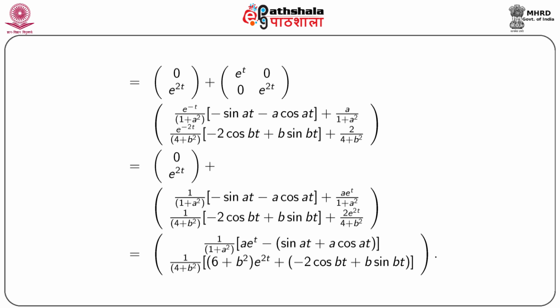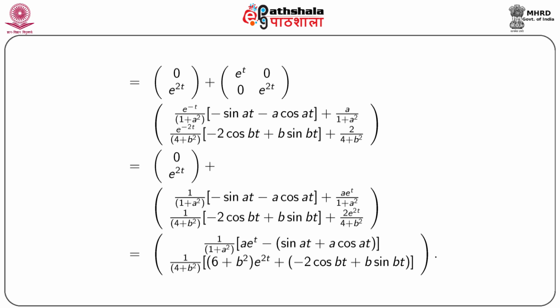This is equal to (0, e^(2t)) plus (1 by (1 plus a squared) into (minus sin at minus a cos at plus a e^t) by (1 plus a squared), and 1 by (4 plus b squared) into (minus 2 cos bt plus b sin bt plus 2 e^(2t)) by (4 plus b squared)).